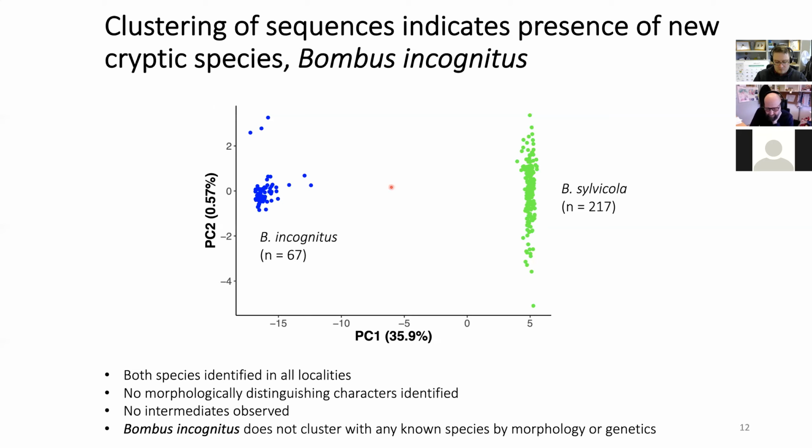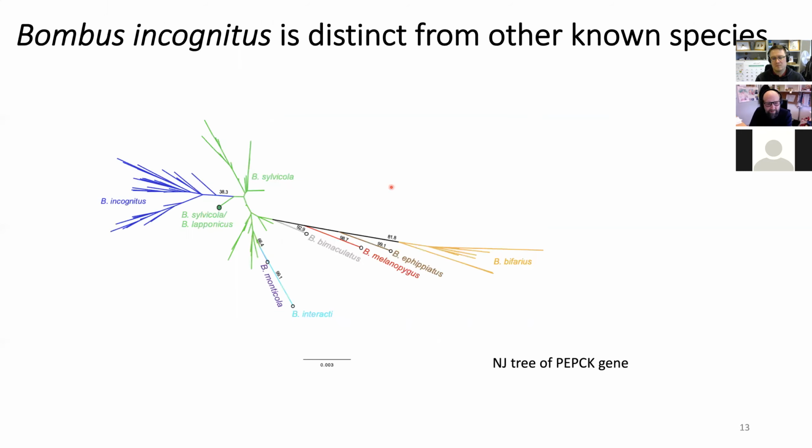There isn't genome-wide data for all other species within this subgenus, but there are sequences from individual genes, and this is a tree that's produced from the PEPCK gene, which is commonly used in these kinds of studies, and you can see that here is our incognitus, which clusters separately to a lot of other species within the group that are potential candidates for being the same one.